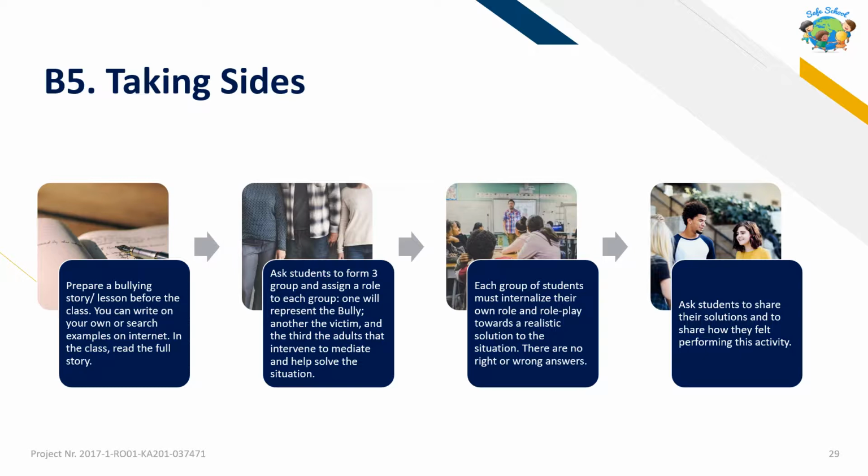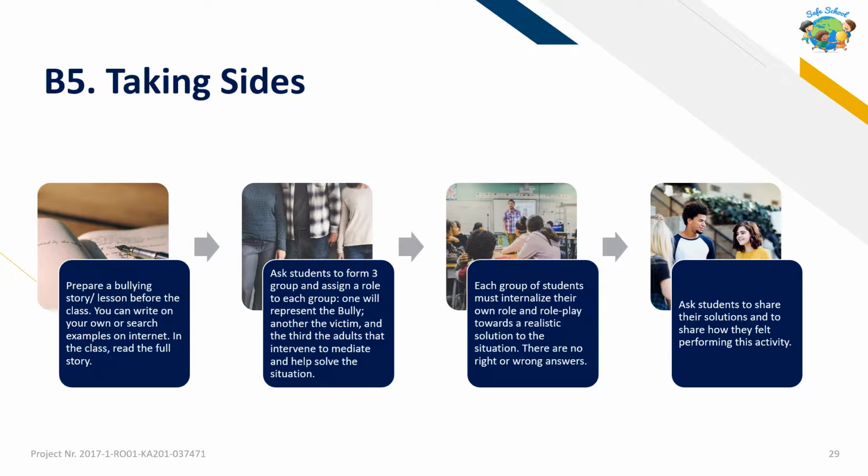Then, the facilitator must randomly separate students into 3 groups and assign a role to each group. One group will represent the bully, another group the victim, and the other group the adults that intervene to mediate and help to solve the situations. For instance, teachers, counselors, parents, others.